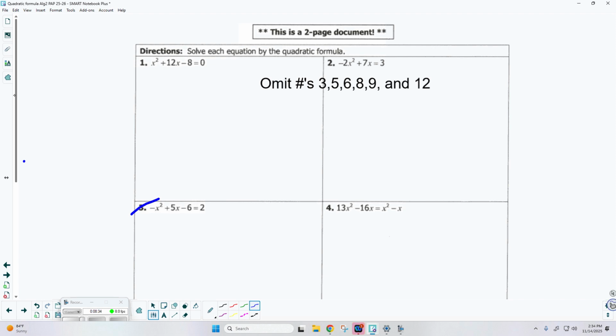Did we just want to do another one for practice? Okay. 1, 2, or something later? 1. Perfect. Okay. So x squared plus 12x minus 8, it's already equal to 0.